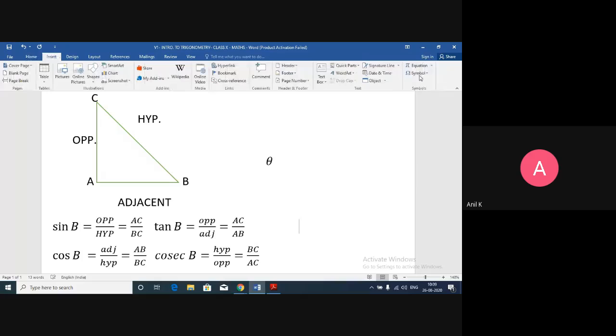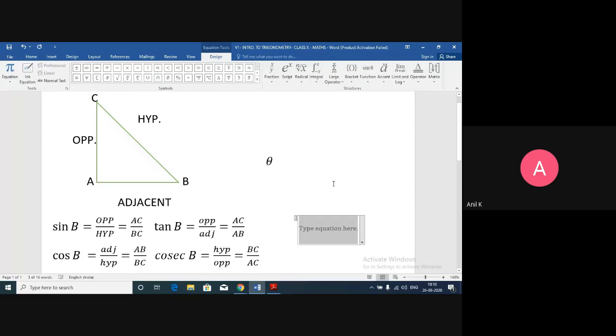Next one we left out is sec B equals, let me insert the equation. It will be the reciprocal of cos. That will be hypotenuse upon adjacent, which you can write as hypotenuse BC upon adjacent AB.